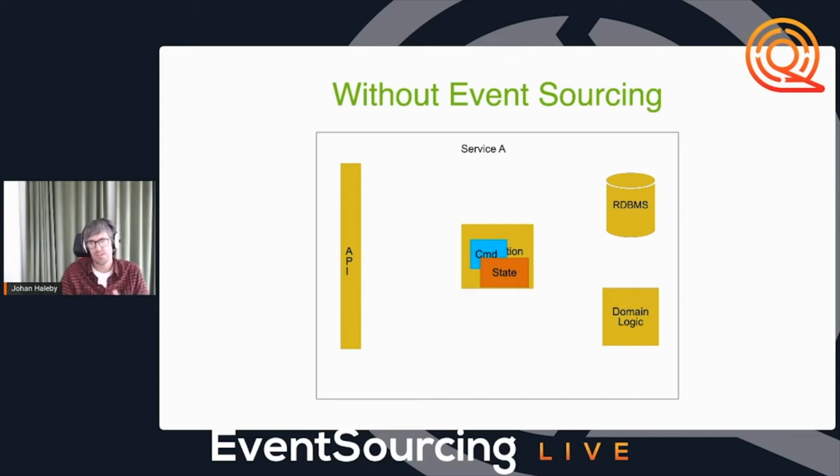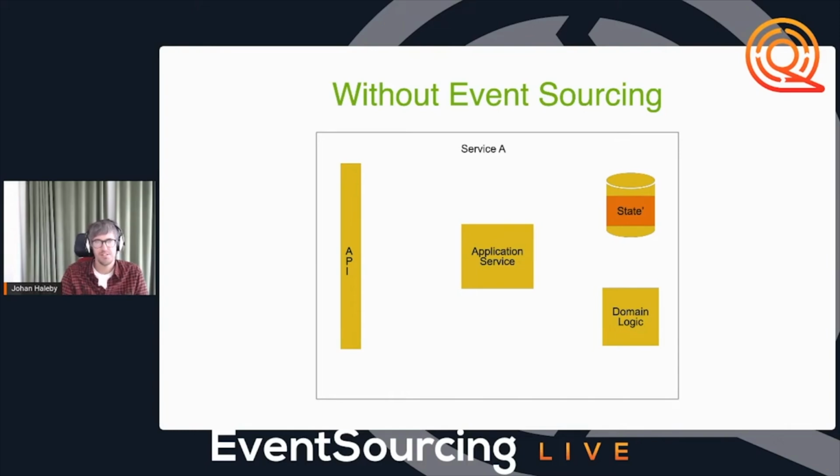And then what you can do, now that you have the command and you have the state, you just pass it to some domain logic. And what the domain logic can do is to update the state. So it returns the updated state to the application service. And then the application service makes sure that it's stored in the database again.